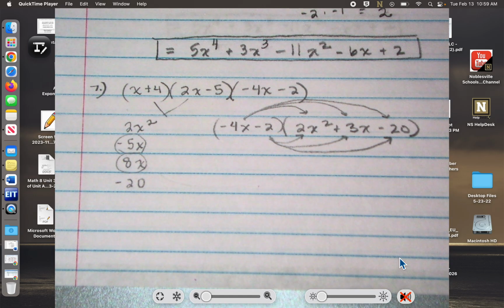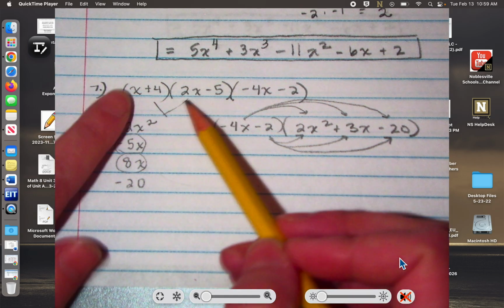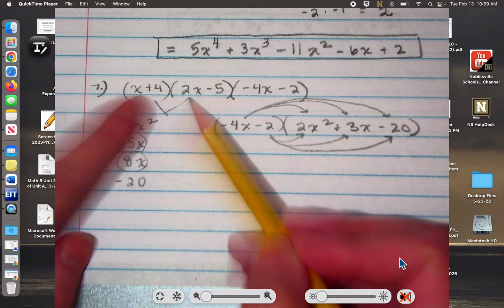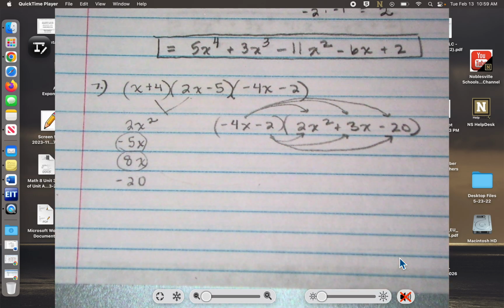Wait, I'm confused with the thing on the first thing you did. I just FOILed. So first gave me this, outer gave me that, inner, and last. So I just didn't write out the x times 2x and the x times negative 5 and the 4 times 2x. I just didn't write those out.